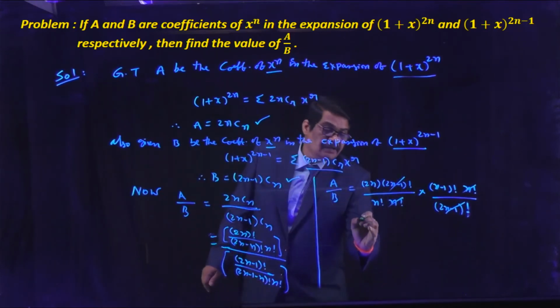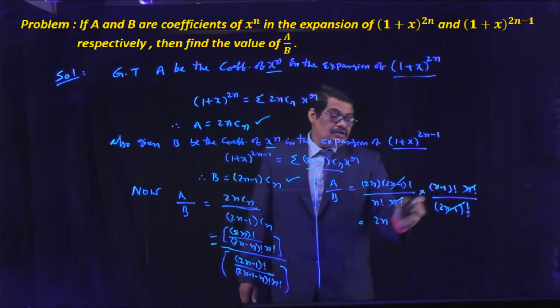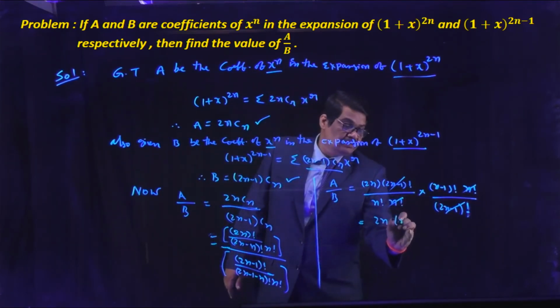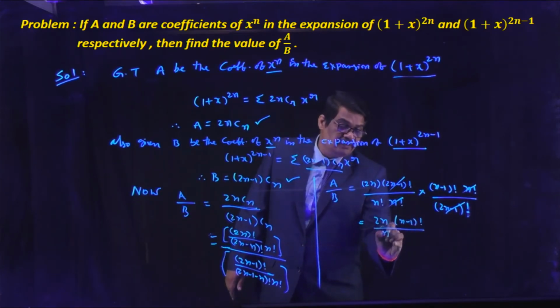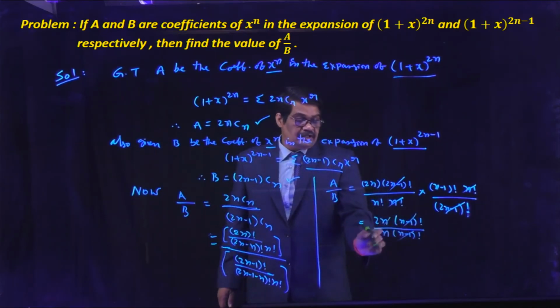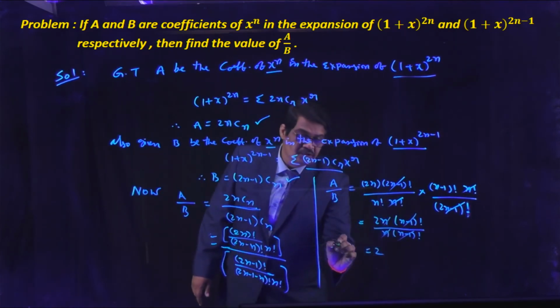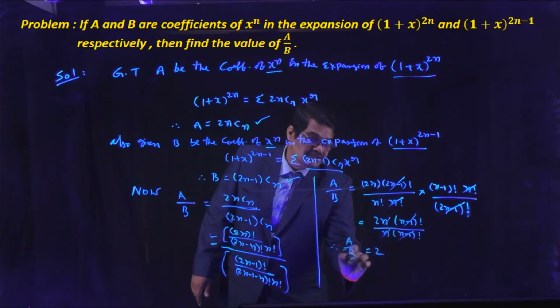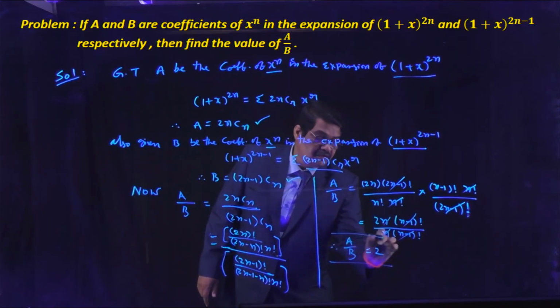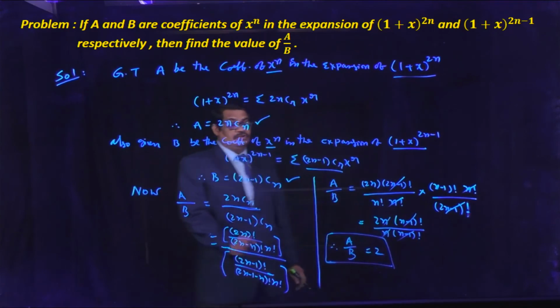The remaining terms: numerator 2n, and in the denominator n factorial can be written as n into (n minus 1) factorial. So (n minus 1) factorial cancels, and n also cancels. Then we get 2. Therefore the value of A by b is equal to 2.